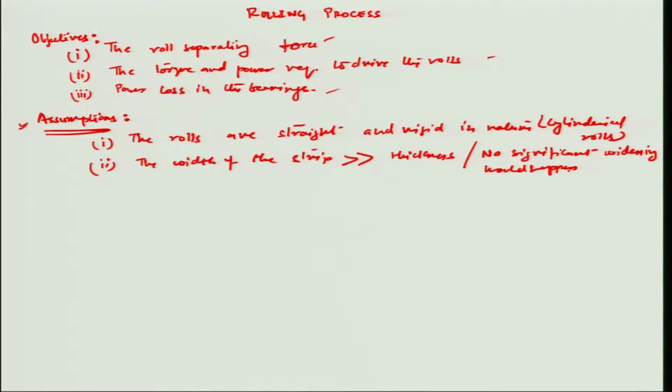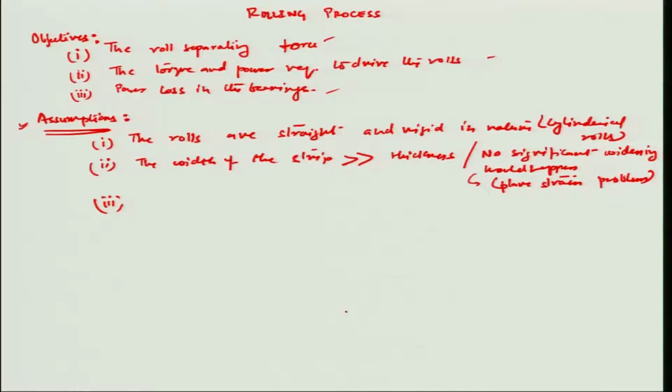So we are simplifying this into a plane strain problem, because now it is only about the change in the thickness vis-a-vis the change in the length. The width is so large that it is neglected in the operations.